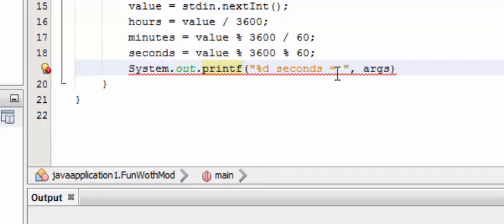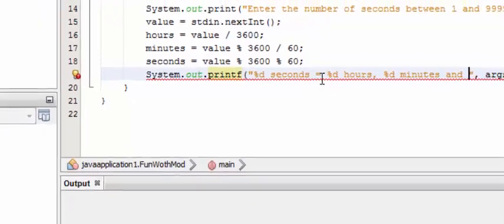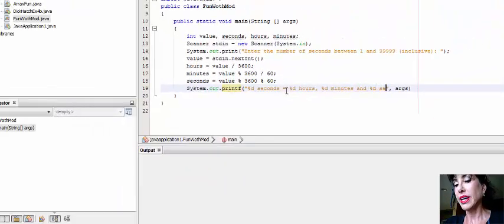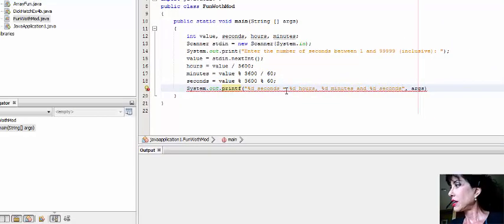So we're going to put a space, and we'll go %d space, the word hours, comma, %d space minutes, comma, well, they didn't have a comma there. They just had the word and how many leftover seconds. So %d seconds, and they did have a period there.